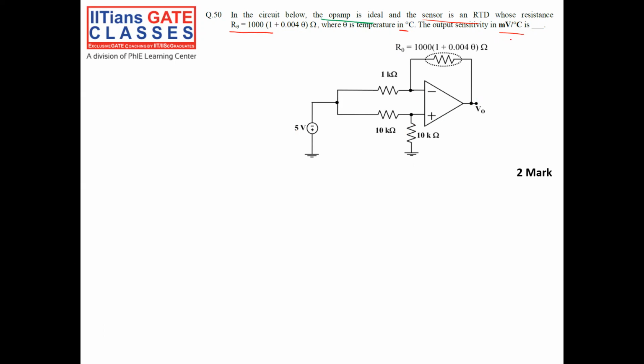So here the output is, suppose the 5 volt is present here. If 5 volt is here, what is the voltage here? Let's do one thing. Let us see my output V01 only due to 5 volt.